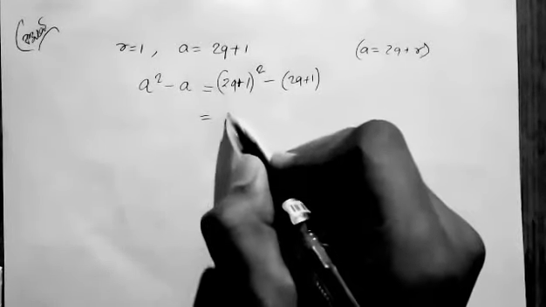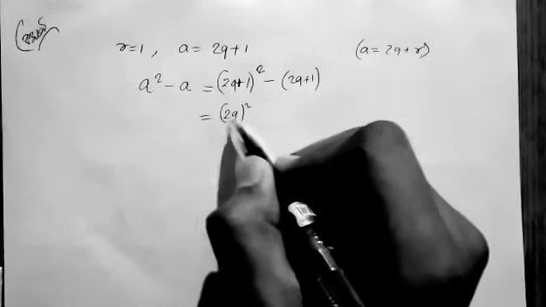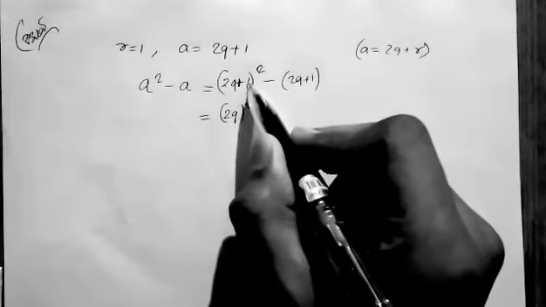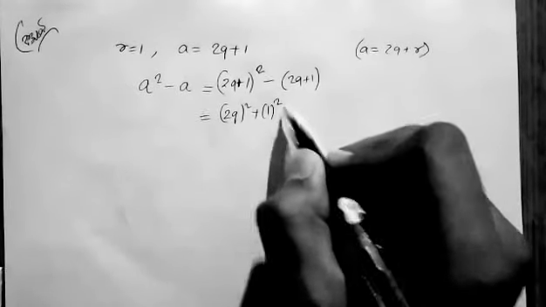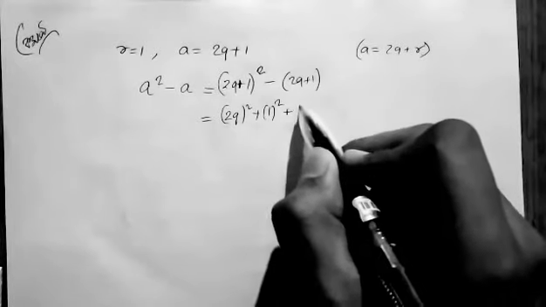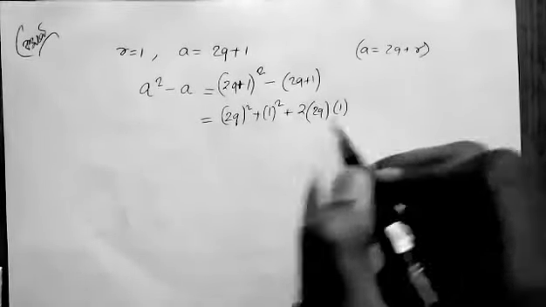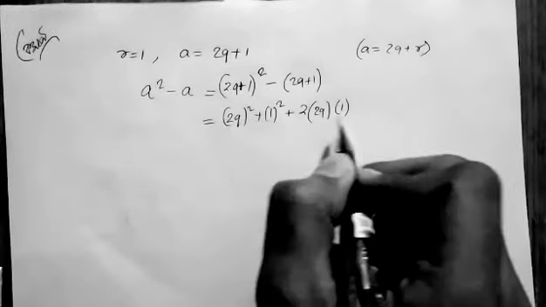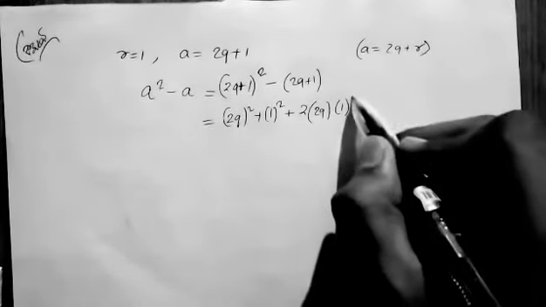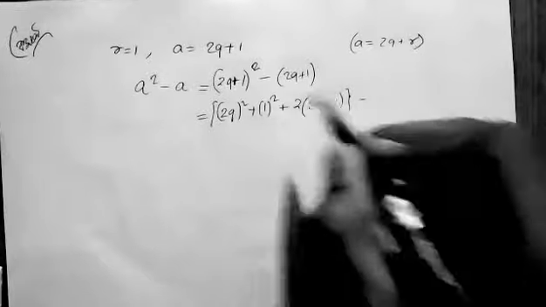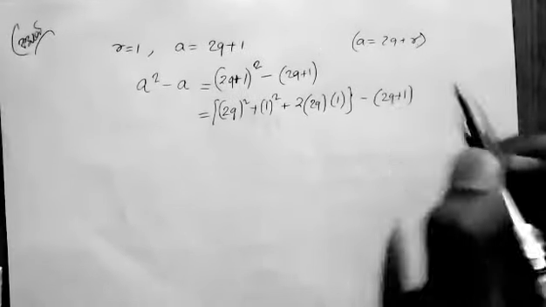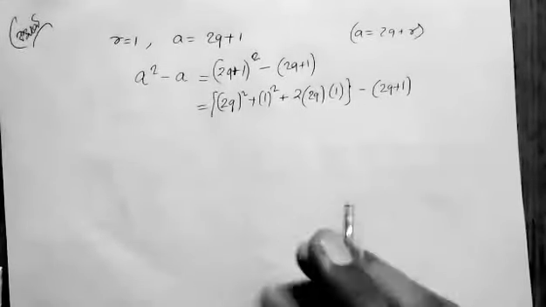Here a is 2q, so a square is (2q) square, plus b square, where b is 1, so 1 square, plus 2ab, that is 2 into 2q into 1. We have expanded, okay. Then minus (2q plus 1). We will keep it like this for some time, and then we will expand.